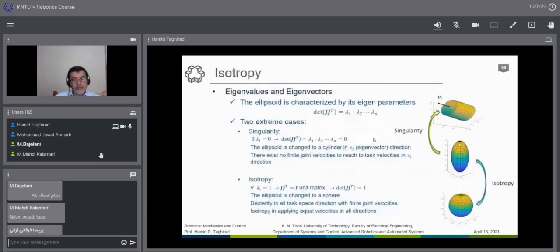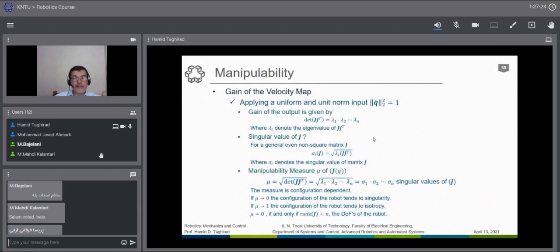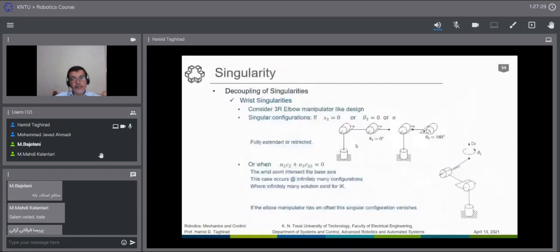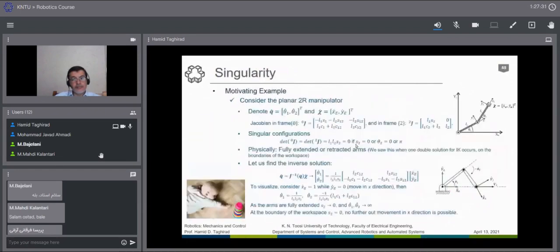In the example in slide 49, as an example, we saw that theta dot is 1 over L1 L2 sine theta 2. At theta 2 equal 0, there is a singularity.